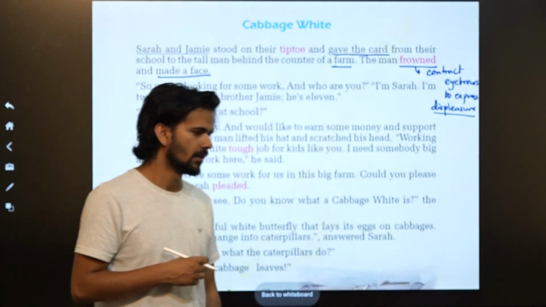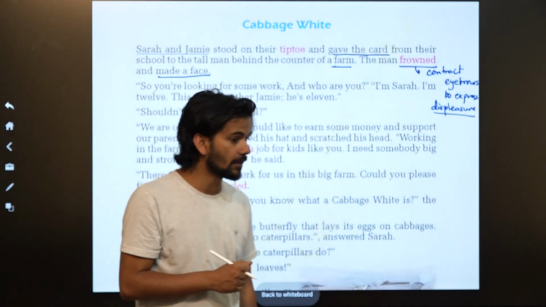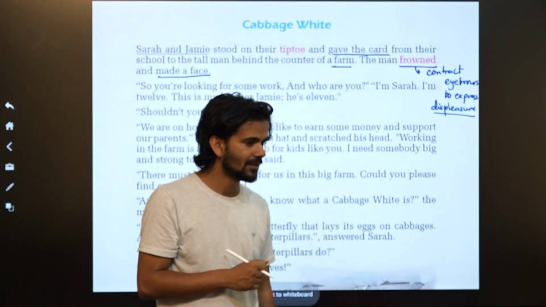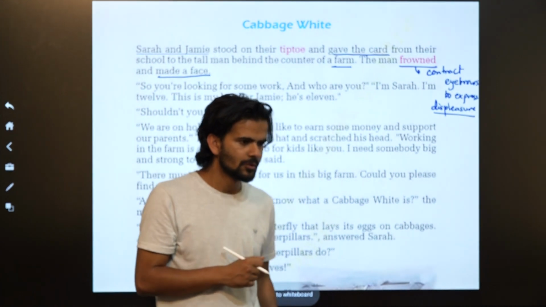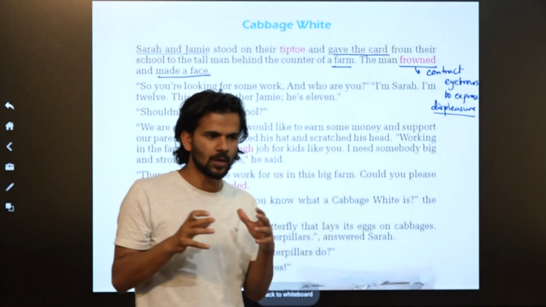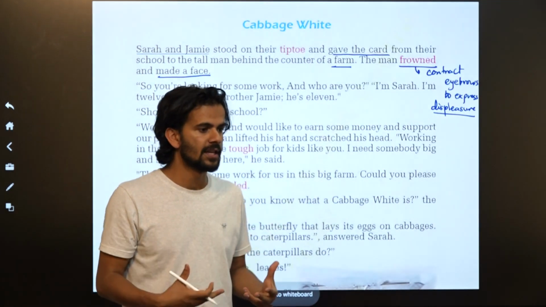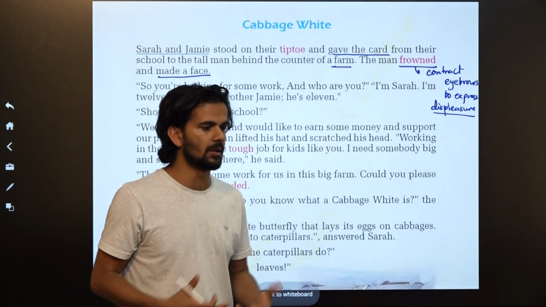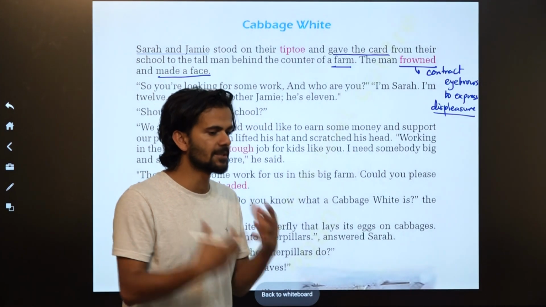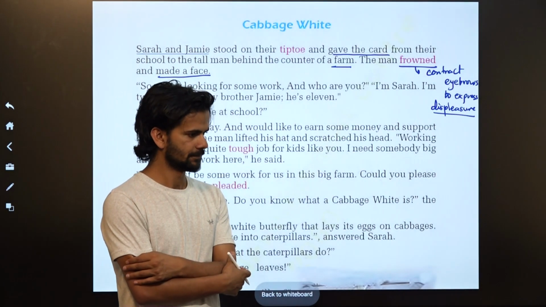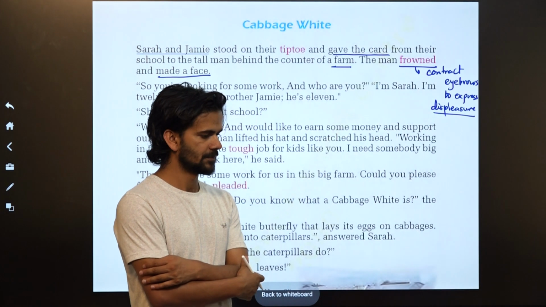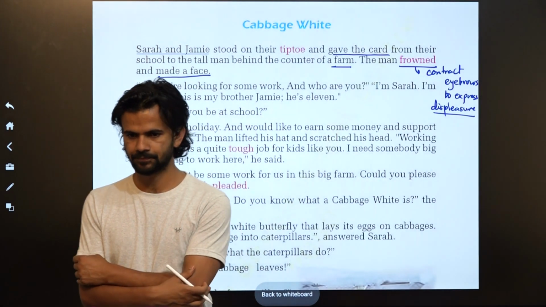Okay? Don't make a face. What does that mean? Don't make your face in such a way that it shows that you are not comfortable or that you are showing displeasure. To make a face.